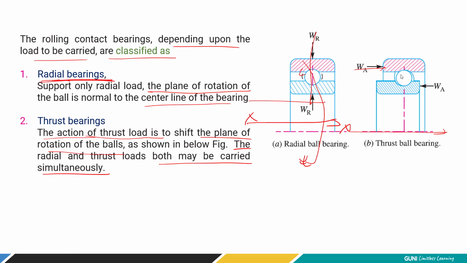It may happen that a bearing carries the radial load as well as thrust load, right? So ball bearings and roller bearings are designed either for purely radial load or purely thrust load, or they may carry both types of load simultaneously, right? So a thrust bearing is basically able to take the radial load as well as the thrust load.